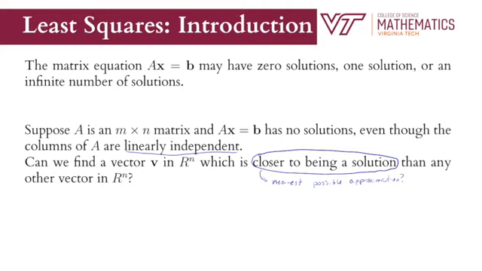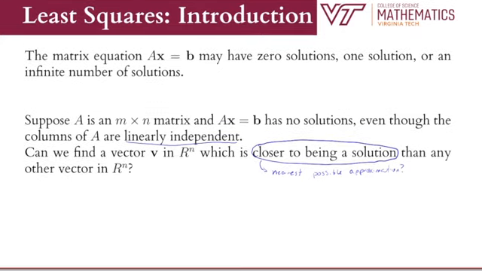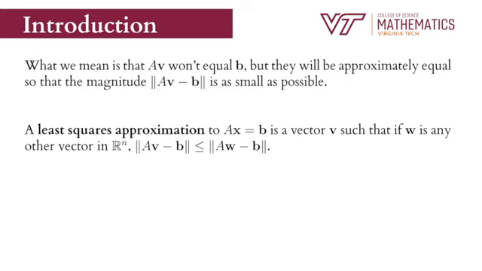Can we find the best possible approximation? What we mean then is that the vector v, when we plug it in, A times v won't equal b, but the magnitude of Av minus b is the smallest possible.